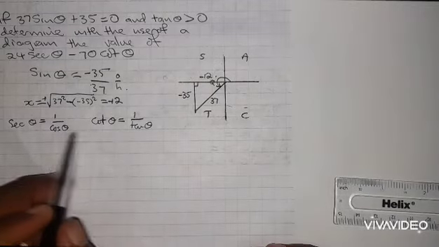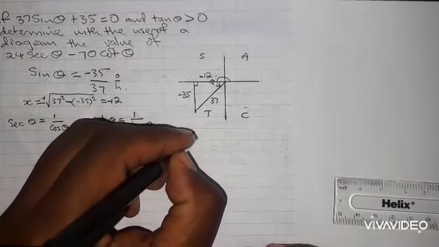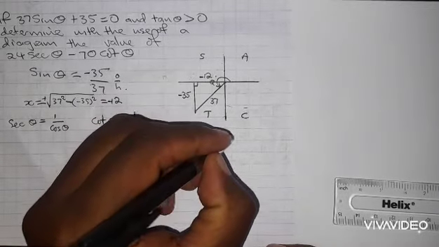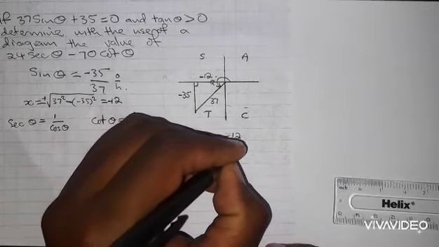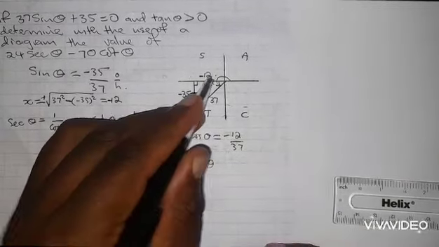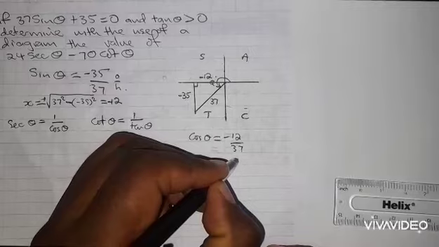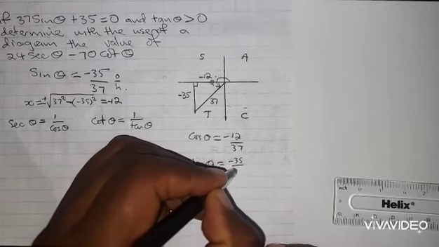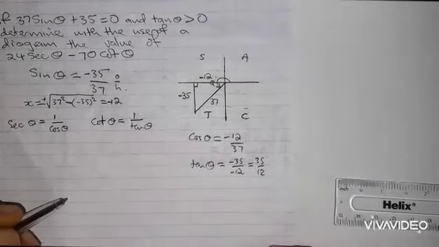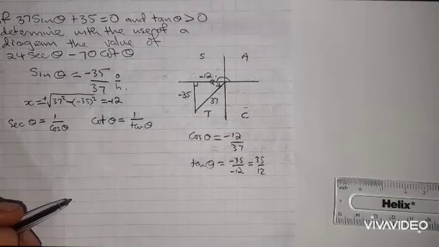So we need to determine these ones, right? So cos theta is equal to adjacent over hypotenuse, that's negative 12 over 37, and then tan theta is opposite over adjacent, that is negative 35 over negative 12, which is positive. Negative divided by negative there.